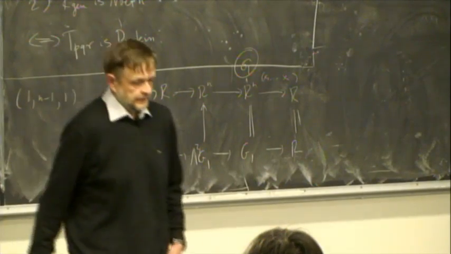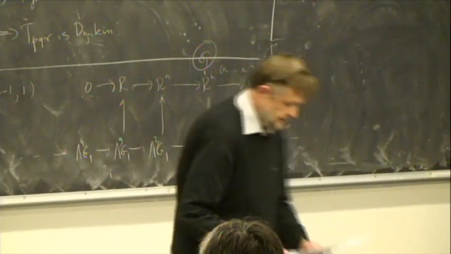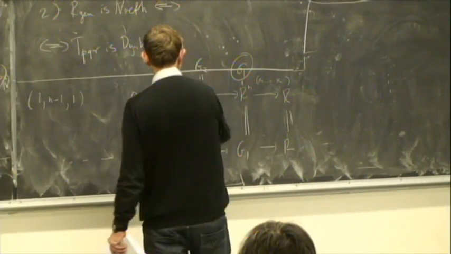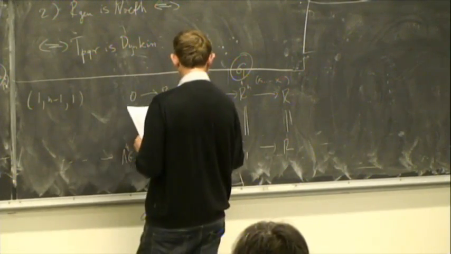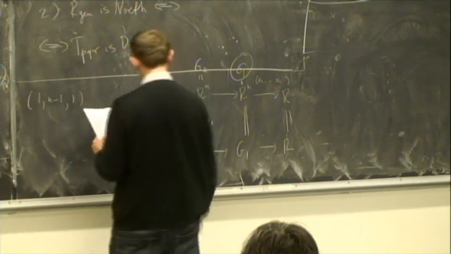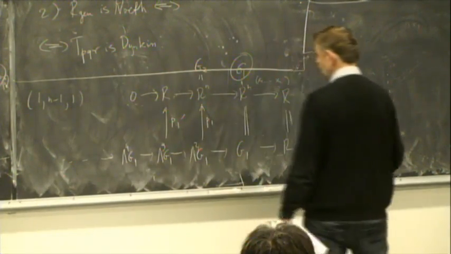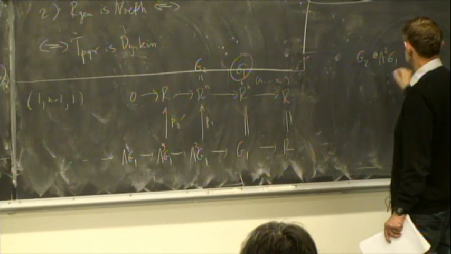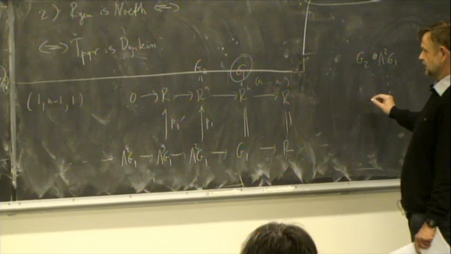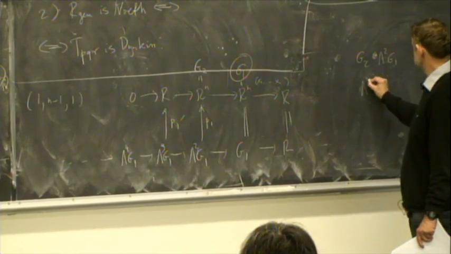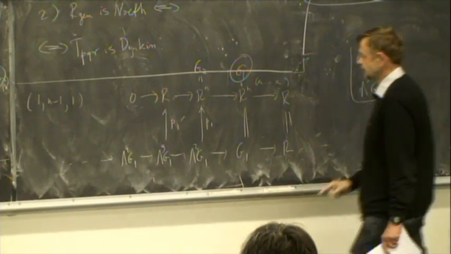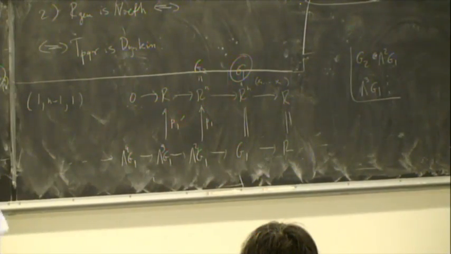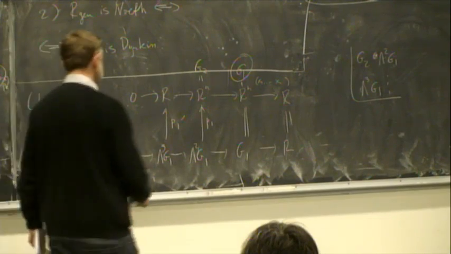So from this I'll get, maybe I call it now G2. My G3 will be R. So I get two cycles, P1 prime. I will see G2 tensor wedge 2 G1 here, and I will see also wedge 3 G1. I'm probably skipping some stars, but it doesn't matter. So I see that one and that one. So these are the extra things that we see. Okay, so that's the first step.